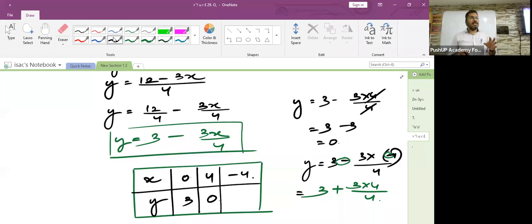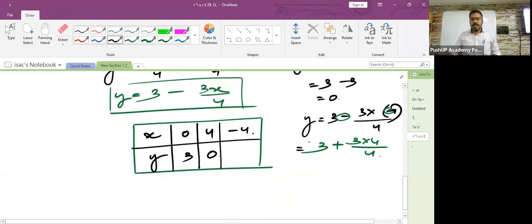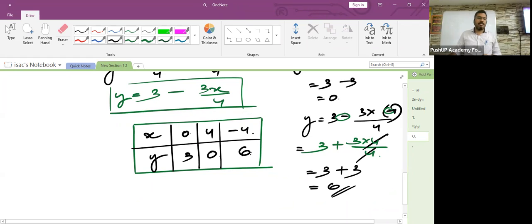Mistakes happen when you try to do the calculations in your mind. If one negative sign or one number goes wrong here and there, the entire solution will become wrong. So please write all the steps. 3 plus 3 is equal to 6. So minus 4 and 6. This is the second table.